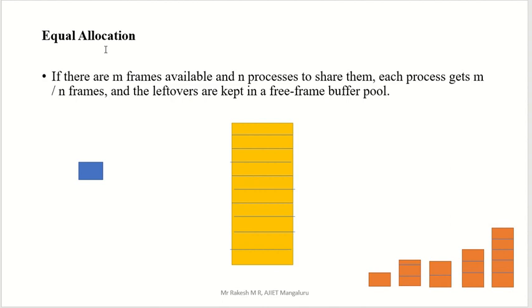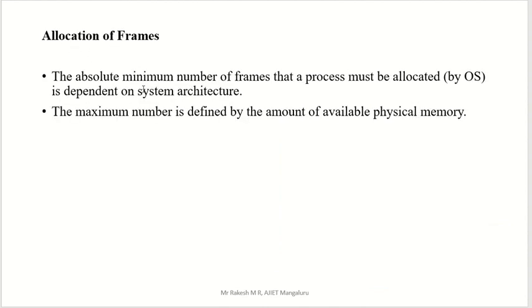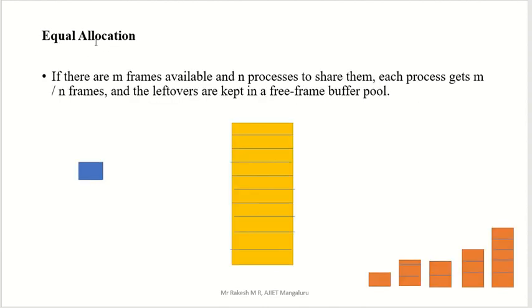The first type of allocation algorithm is equal allocation. What do I mean by equal allocation? If there are m frames available and n processes to share them, each process gets m divided by n frames, and the leftover frames are kept in the free frame buffer pool.